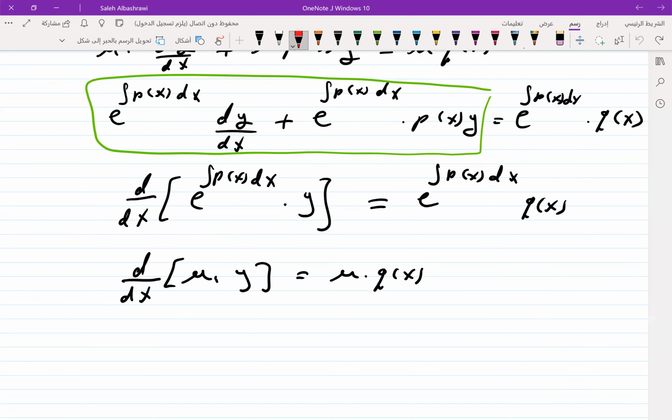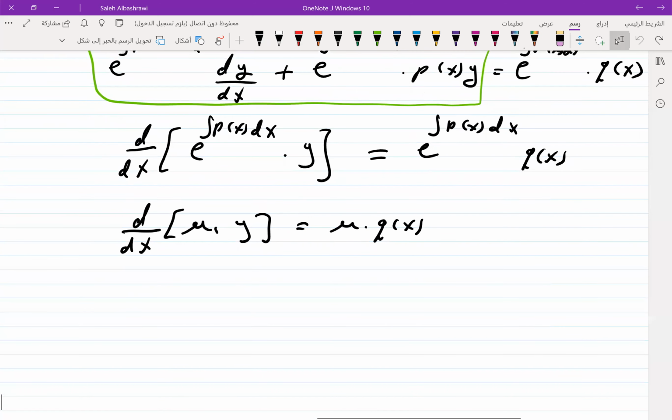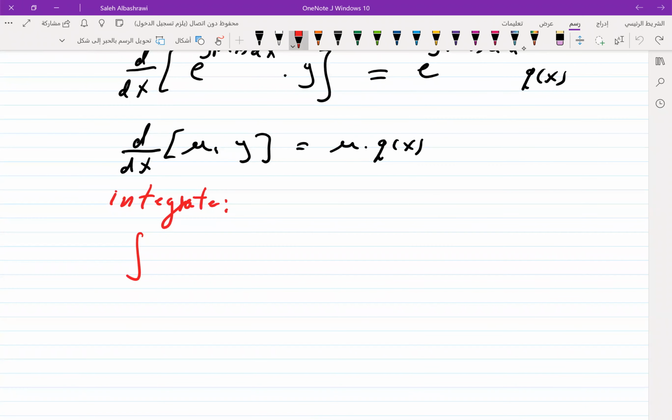Now if we integrate both sides, the integral of d/dx of mu y equals the integral of mu q(x) dx.